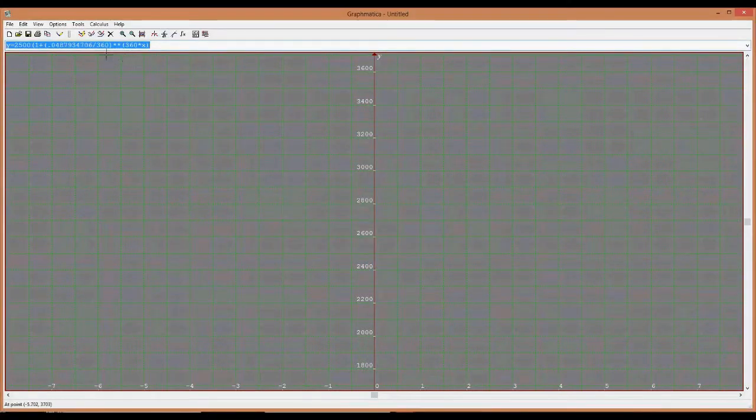Oh, look, I messed up my parentheses. I didn't put an extra parenthesis in there. There you go. All right, so there's your equation.